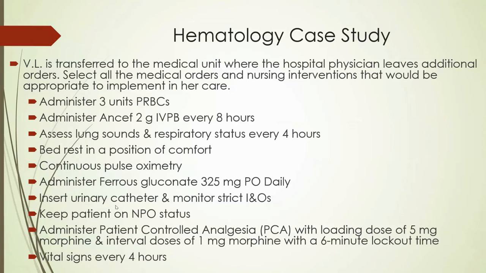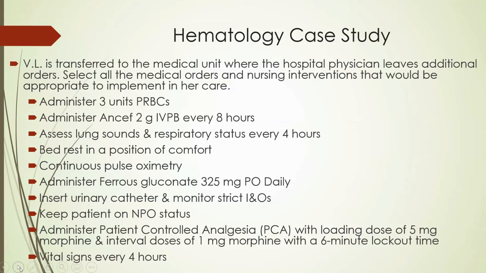Because the antibiotics are going to help combat infection. Assessing her lung sounds and respiratory status will let us know if her oxygenation is improving. Resting in a position of comfort will help with pain management, and continuous pulse ox will help to determine if her hypoxia is improving. And the PCA pump will help with pain management, and watching her vital signs will help to determine if her overall condition is improving.